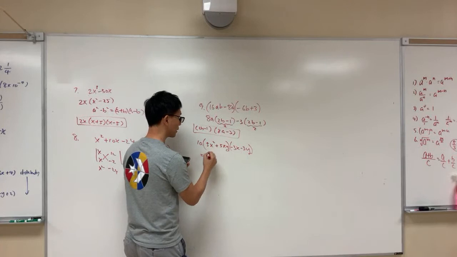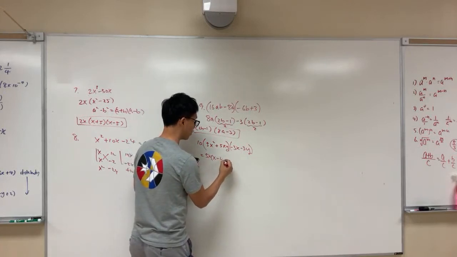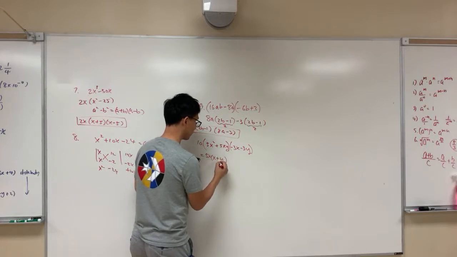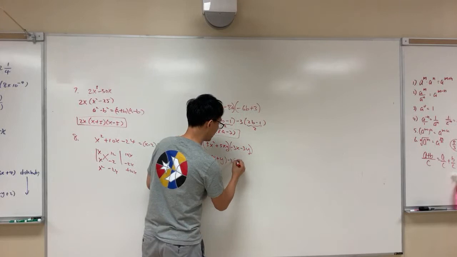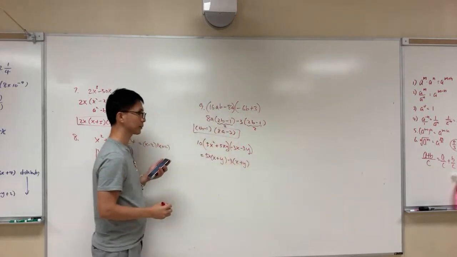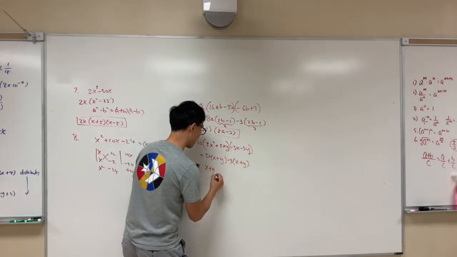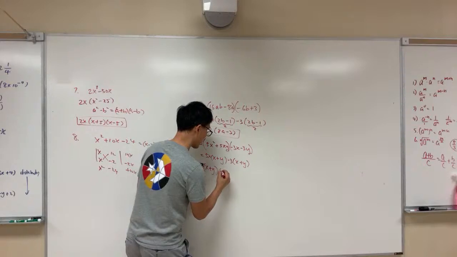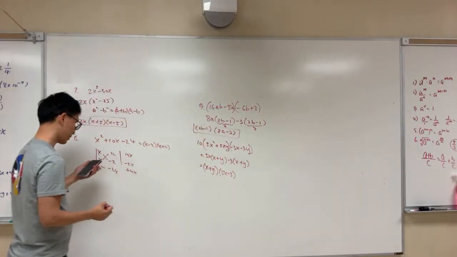So I'm going to take out 5x. That's going to be x plus y. Then I'm going to take out minus 3 times x plus y. And then I'm going to take out x plus y again. That's equal to x plus y times 5x minus 3. That's number 10.